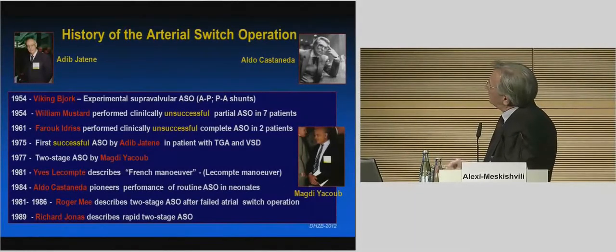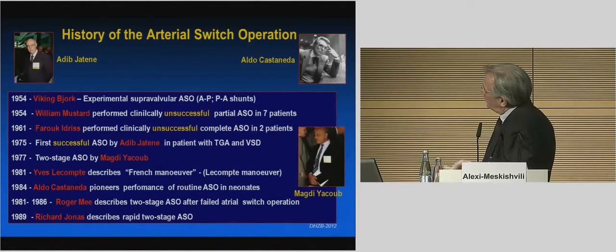This is a short flow chart of the history of arterial switch operation, beginning with Viking Bjork and ending with Richard Jonas, with all steps. Mustard performed an unsuccessful arterial switch operation, which I will show you later on. Jatene performed the first successful arterial switch operation, two-stage for Mustard; Lecompte, the so-called French maneuver.